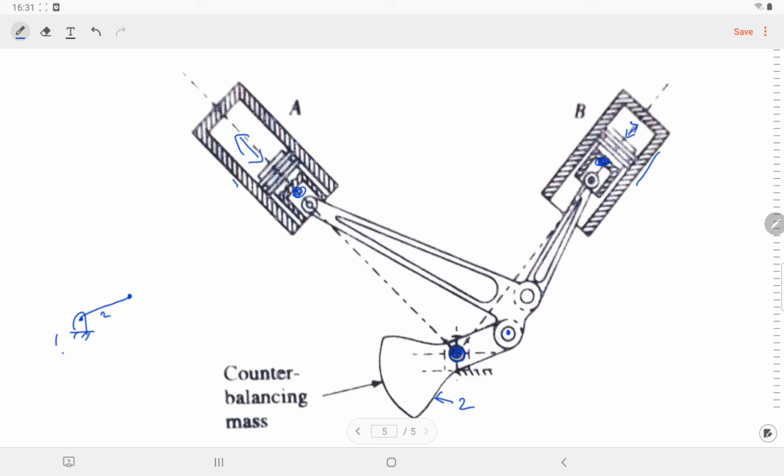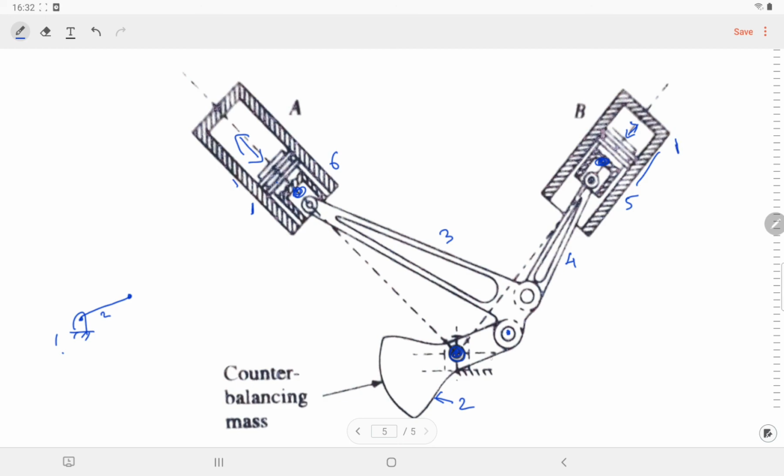And let's call this link 3, and first let me name it, and this link 4, and this piston link 5, and this piston link 6. What about cylinder? The cylinder is fixed with the chassis frame, so this is also link 1 and this is also link 1.